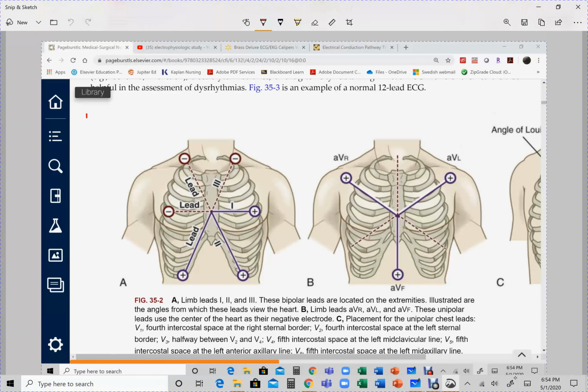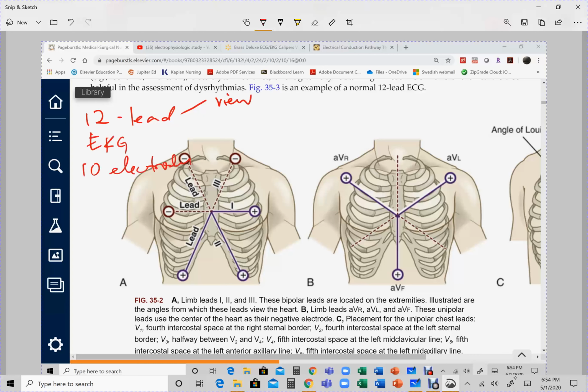So when you say 12 lead EKG, the lead here means view. Now the 12 lead EKG only has 10 electrodes.